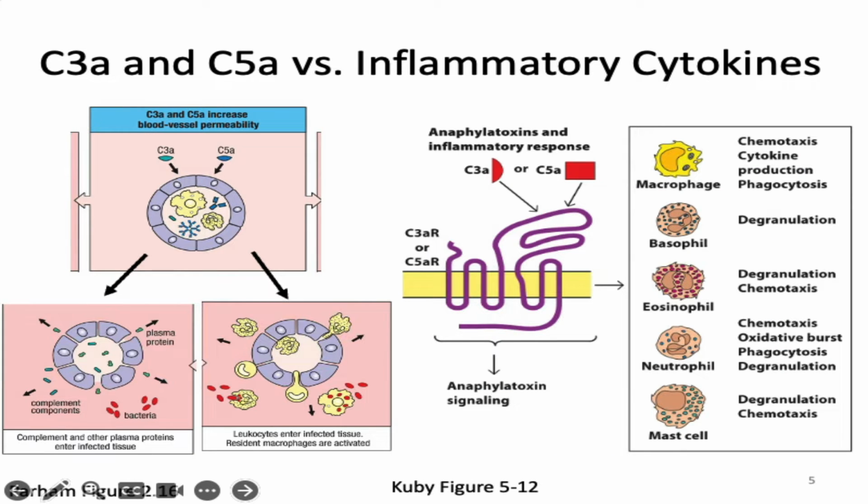So when we talked about complement, I told you about C3a and C5a, these small products that are made as part of the complement cascade. Basically, C3a and C5a are acting like inflammatory cytokines and chemokines, and doing all the same stuff.